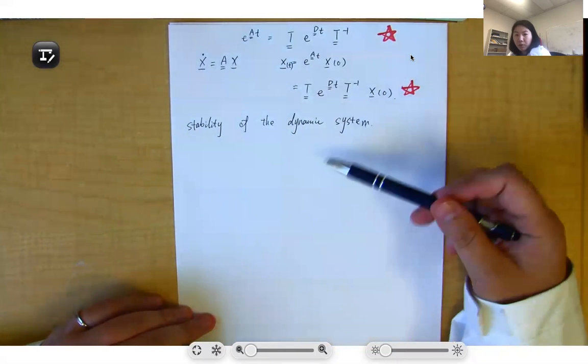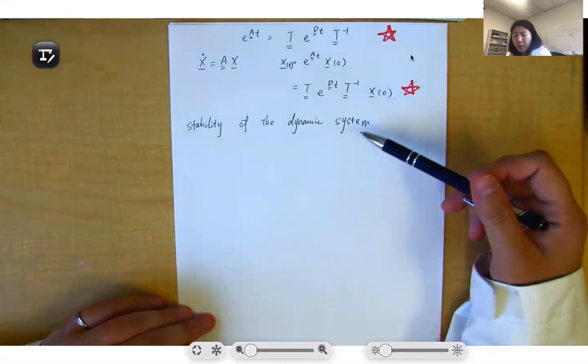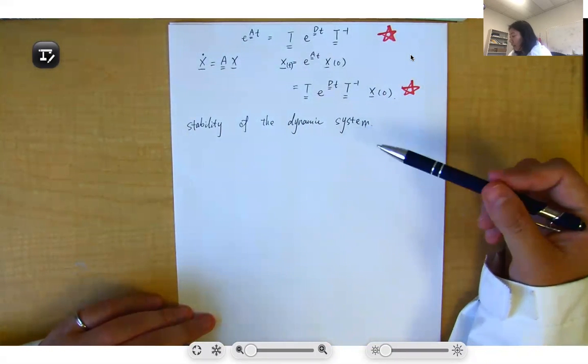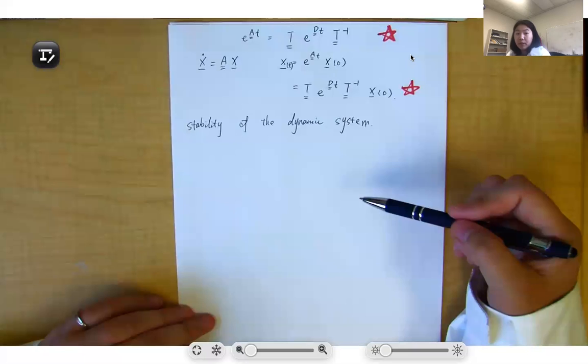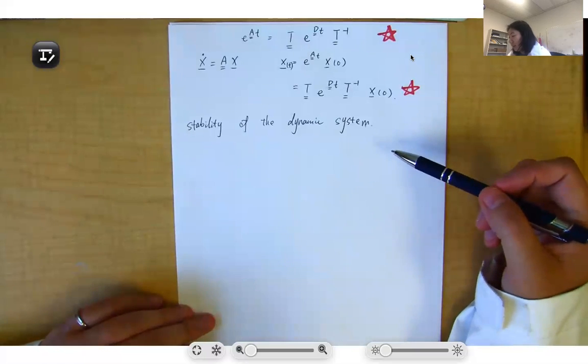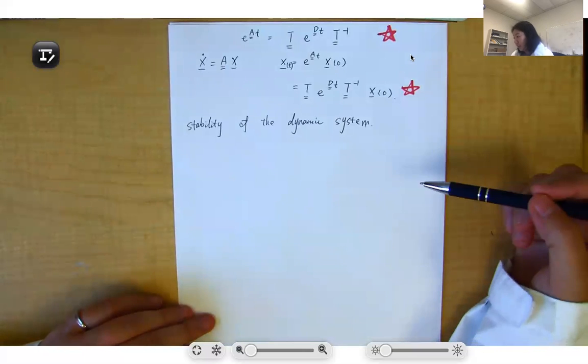Think about your ordinary differential equations as the change of your dependent variables as a function of time. So as time goes to infinity, whether the system dynamically explodes or is dynamically stable, which means it converges to zero.